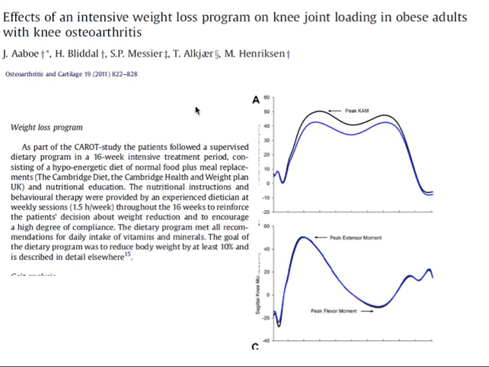Okay, and we can see here that the decreased weight actually does help reduce the knee abduction moment. So the post is in blue, and the pre weight loss programs here, and so essentially we can assume that there's some benefit in terms of joint loading from an intensive weight loss program.